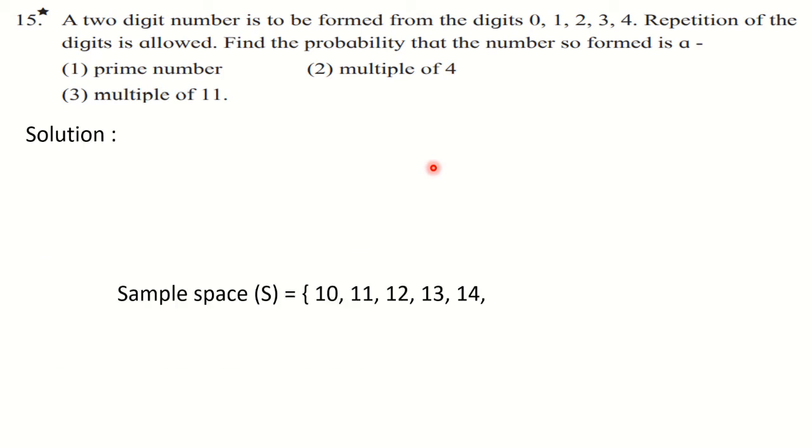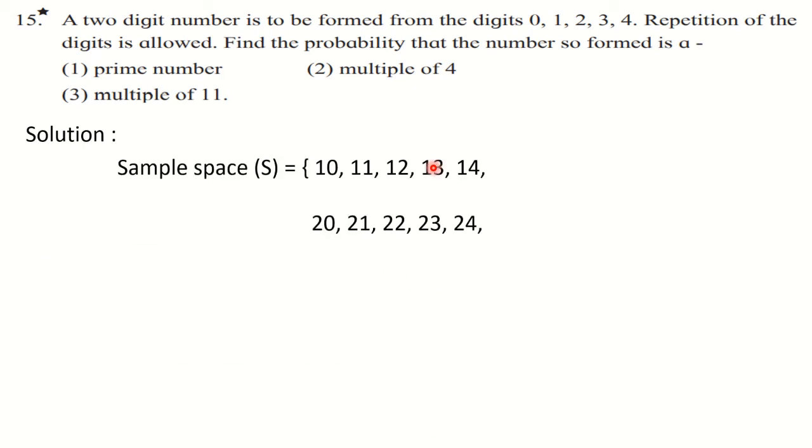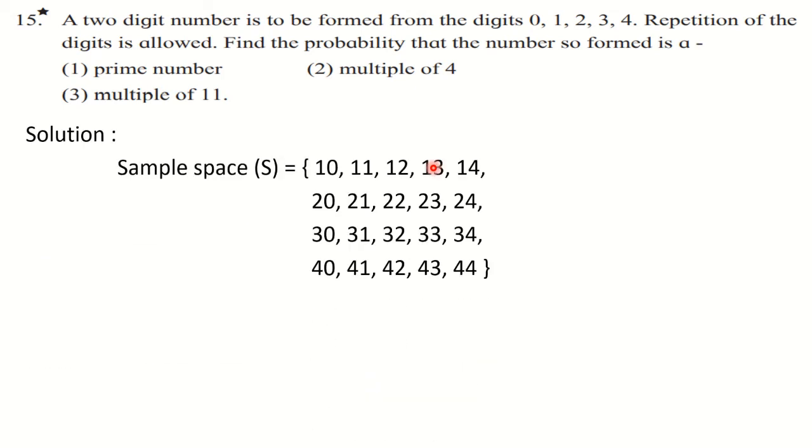So let us write down the sample space here. I have written the sample space using these four lines. I told you why you have to write it like this, so that you can see the numbers properly, and it is possible for you to write down all the events and find the numbers here. See, repetition is allowed. So the very first number is 10. Then we have 11, 12, 13, 14.